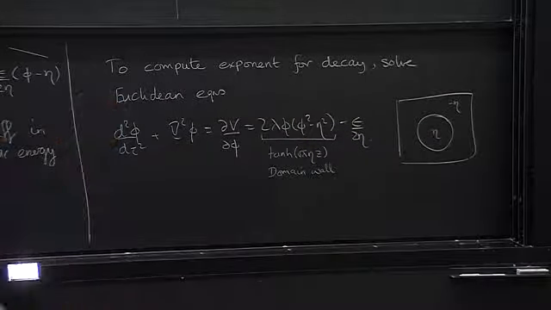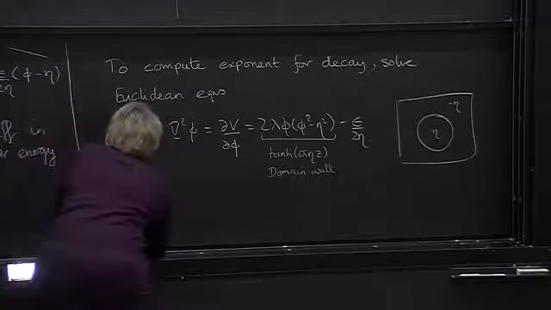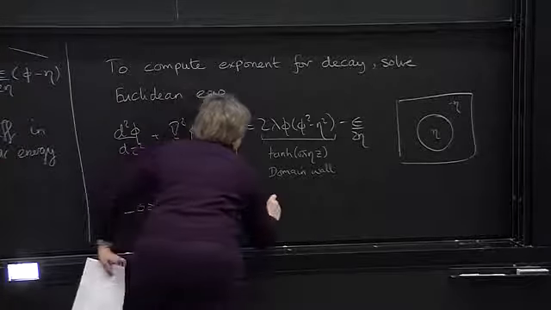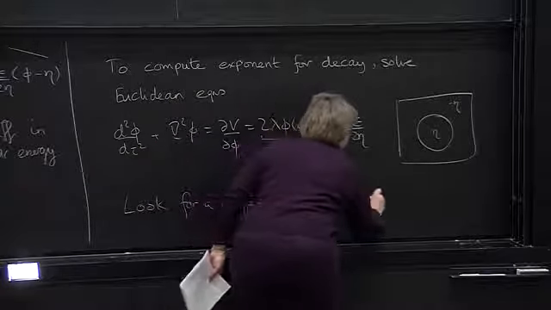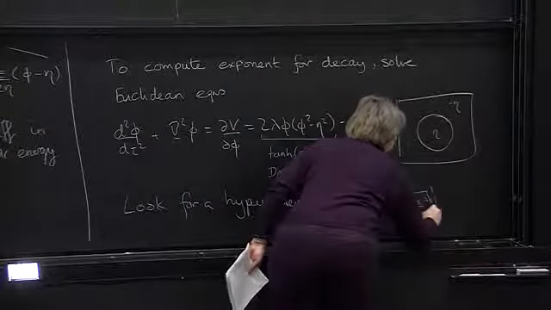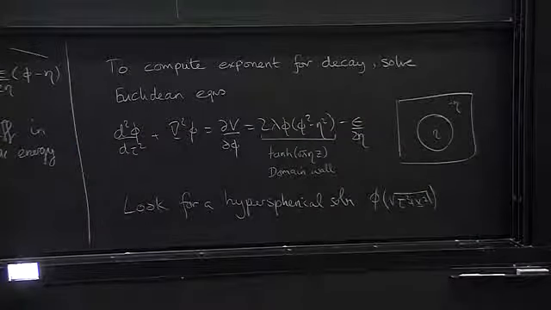So by symmetry, we'll just look for a spherical solution in Euclidean space. So we're looking for a solution in terms of our Euclidean rho, distance from the origin, and we guess that it's going to be close to this wall form.